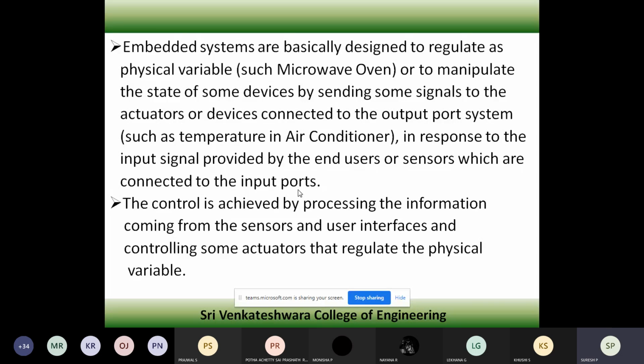If you take the sensors with respect to the temperature of the AC, it is going to check what the outside temperature is. Given the outside temperature, what should be my inside temperature? We have to maintain that temperature.